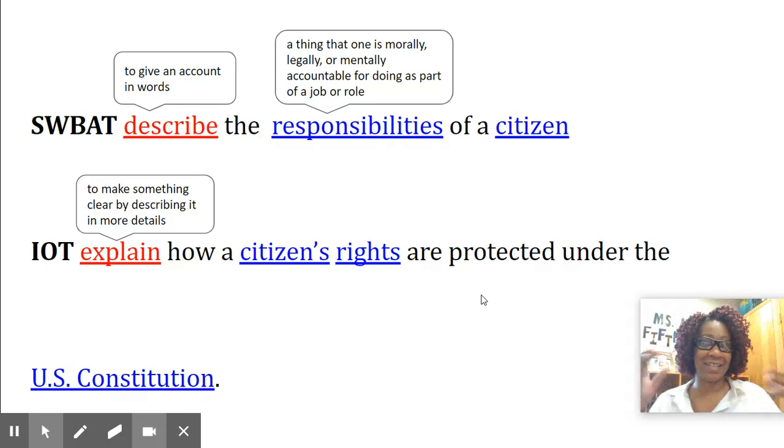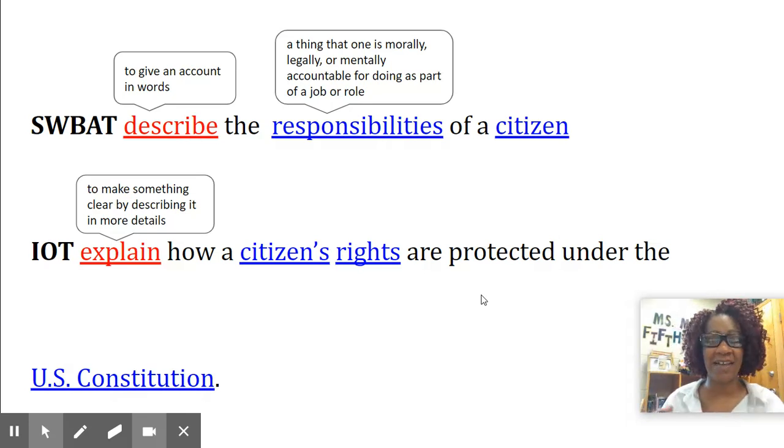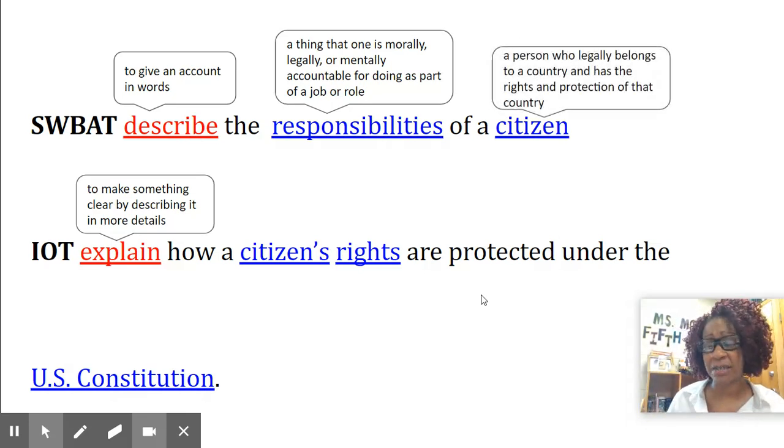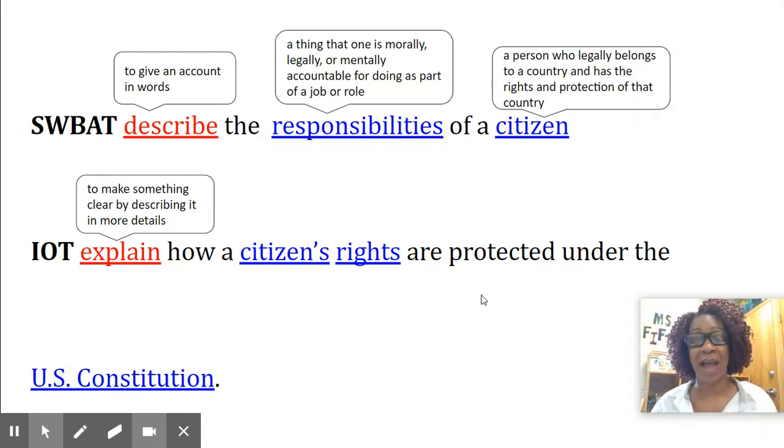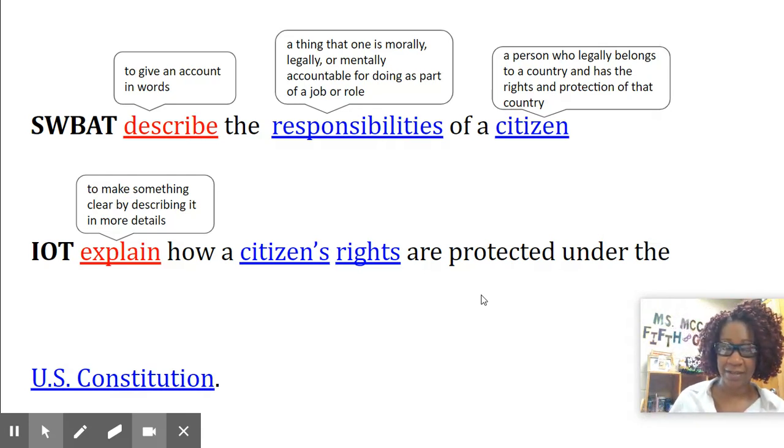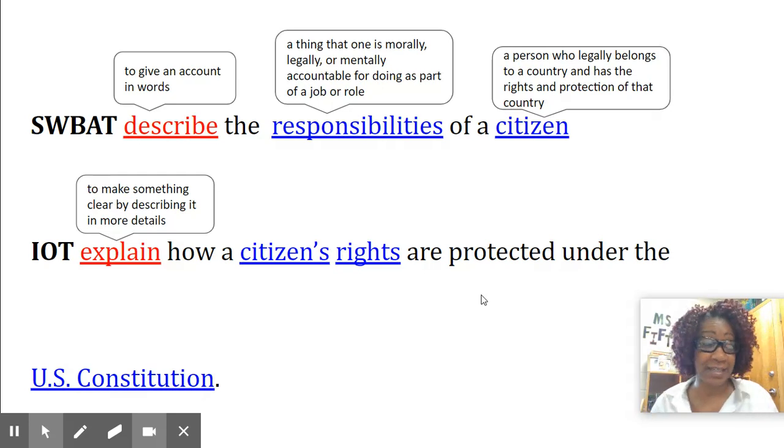So we're going to describe the responsibilities of a citizen, and we just talked about citizen. A citizen is a person who legally belongs to a country and has the rights and protections of that country.